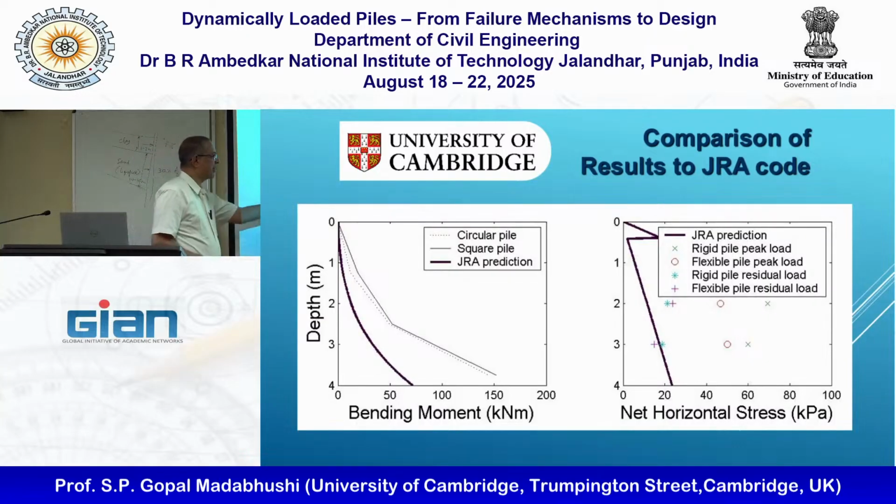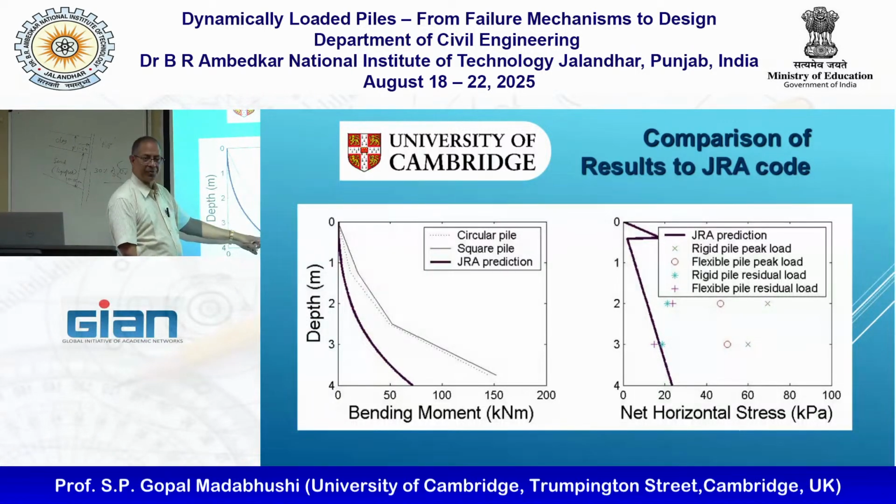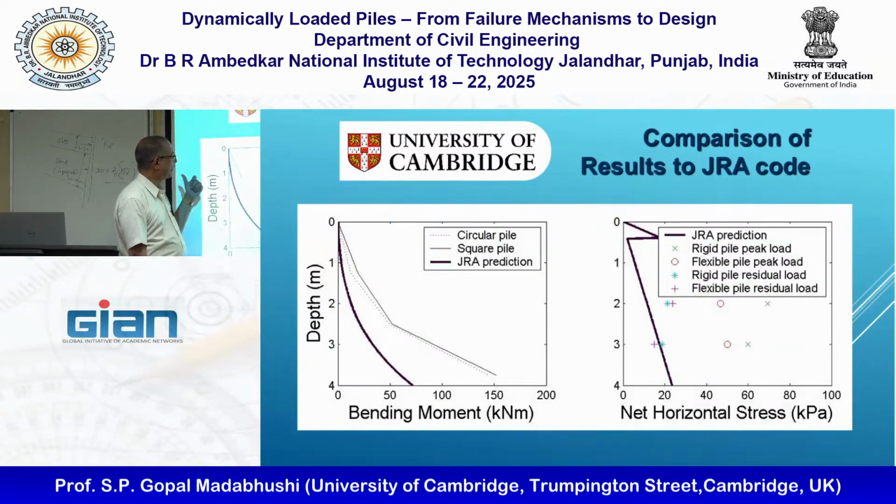The JRA prediction, we basically use this rule to calculate the bending moment in the pile, and that is what JRA gives you. From our own experimental observations, this is the bending moment variation with depth. Yes, the square and circular piles are pretty similar. As I said before, they're not that different.